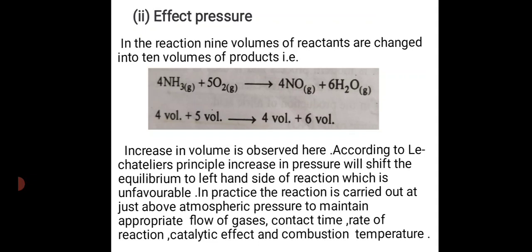In the reaction, 9 volumes of reactants are changed into 10 volumes of products. That is, 4NH3 gas plus 5O2 gas gives 4NO gas plus 6H2O gas. That is, 4 volumes of ammonia plus 5 volumes of O2 gives 4 volumes of NO plus 6 volumes of H2O.